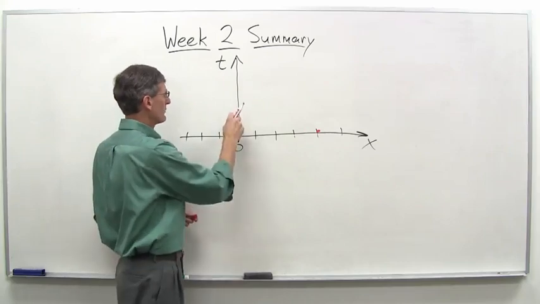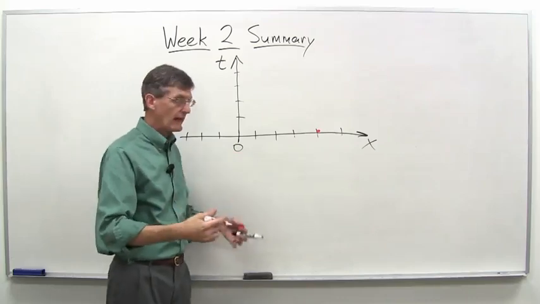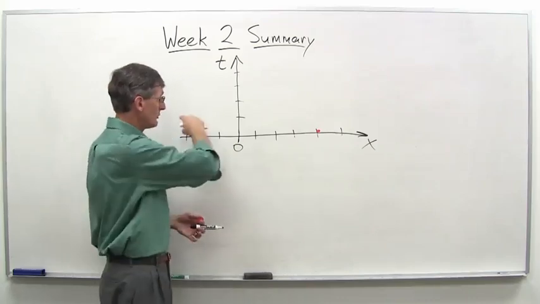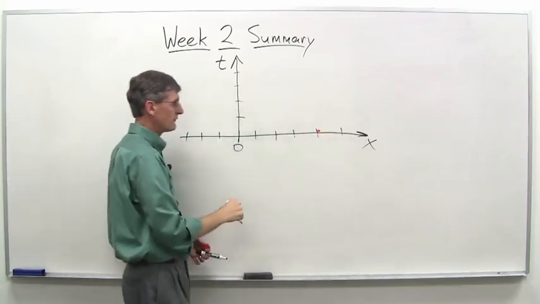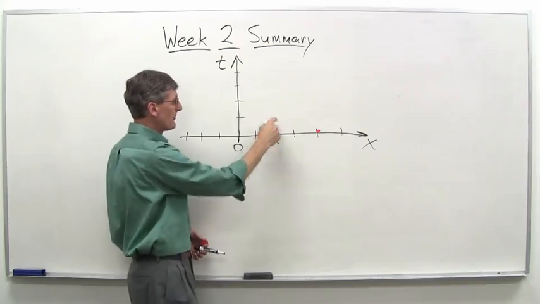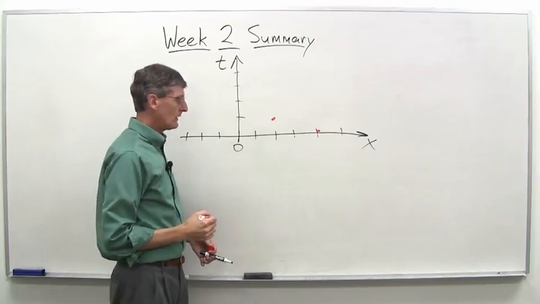Let's get some more tick marks up here. And of course, anything that happens at time t equals 1, assuming it's 1 second, 2 seconds, 3 seconds, 4 seconds, would be somewhere along here. So if I have another flash, maybe at position 2, that happens at time 1, it'd be there. And so on and so forth.